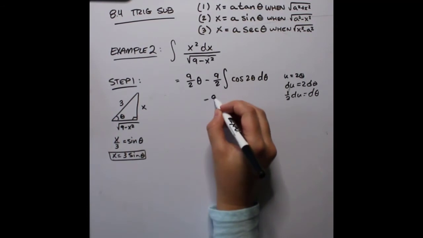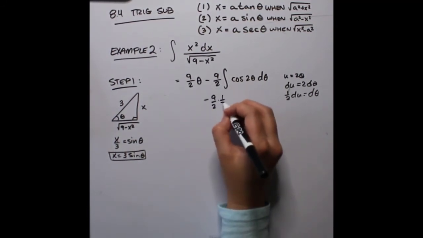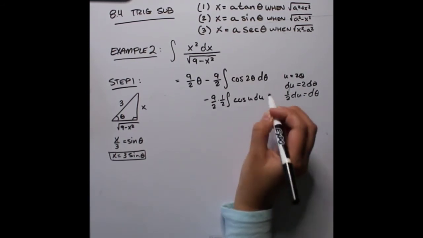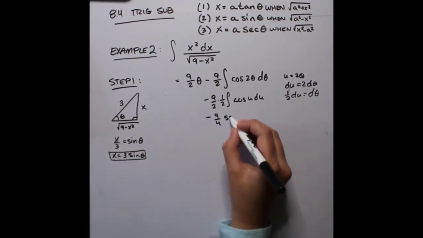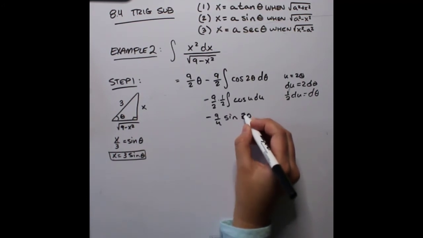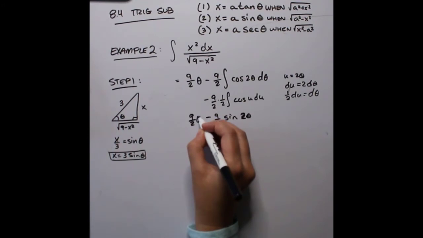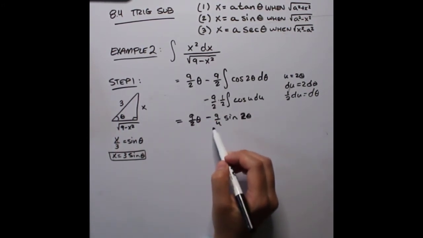So we get negative 9/2, and you can factor out this other 1/2. 1/2 times 1/2 is cosine u du. So this is negative 9/4. Integral of cosine is sine u, but u was 2 theta. And then we had a 9/2 theta out front. So this would be the answer if things were in terms of x.